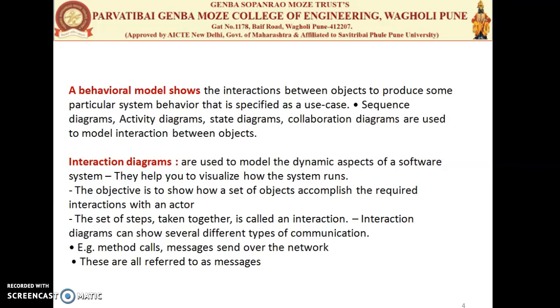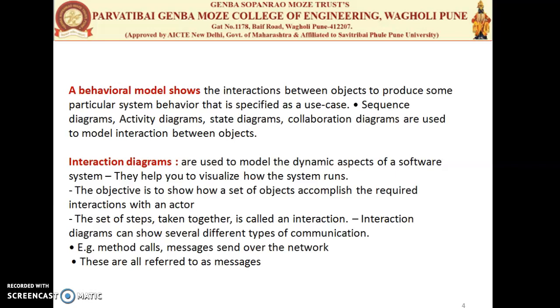So the interaction diagram shows the communication between the objects by using method calls, by using messages, or we can say sending messages over the network. All this communication is referred to as a message.